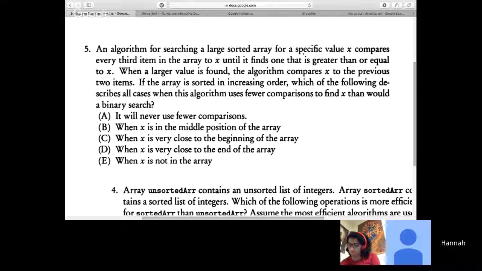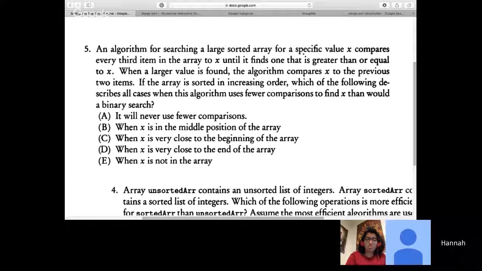That would mean that we would find the element that we are looking for on the very first pass of the array, because it would look at the 3rd element, and then it would look to see if that element is larger than the one we're looking for. Then it would look to the first 2, and then it would find it.